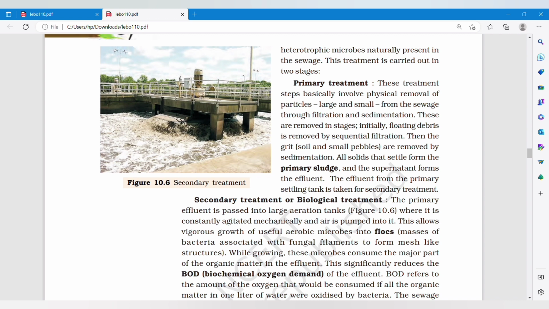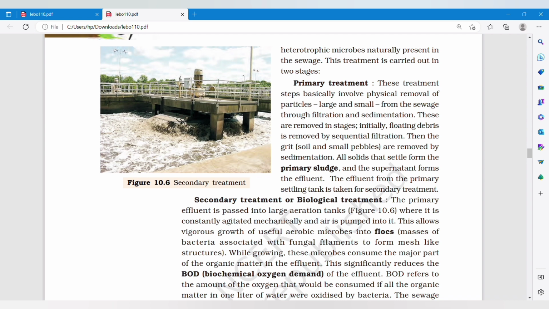The effluent from the primary settling tank is taken for secondary treatment. Secondary treatment or biological treatment. The primary effluent is passed into a large aeration tank where it is constantly agitated mechanically and air is pumped into it. This allows vigorous growth of useful aerobic microbes into flocs. Masses of bacteria associated with fungal filaments form mesh-like structures.